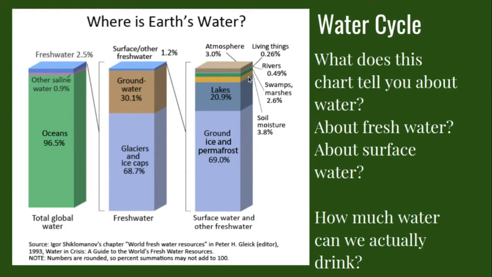We have 3.8% that is soil moisture. The swamps and marshes are 2.6%. Rivers are 0.49%. And 0.26% is in living things. And 3% of our water is in the atmosphere.